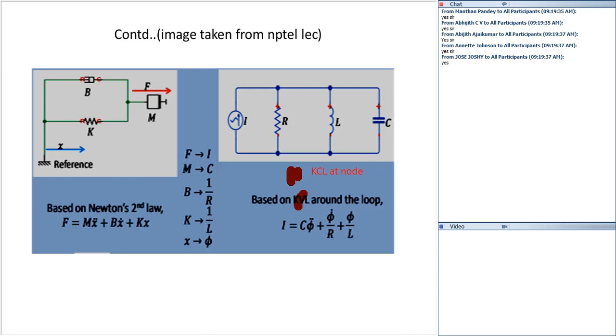If you apply KCL at this node, then I is equal to C phi double dot plus phi dot by R plus phi by L. So force is analogous to current, mass is analogous to capacitor, friction coefficient is analogous to 1 by R, spring constant is analogous to 1 by L, displacement is analogous to phi, that is the flux.